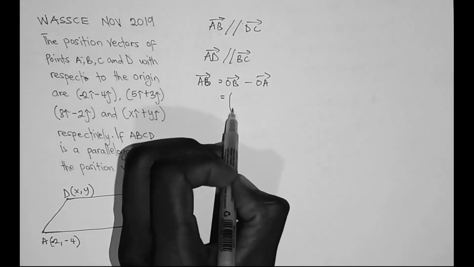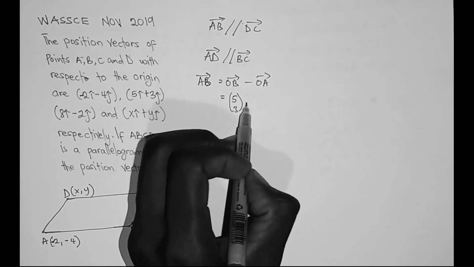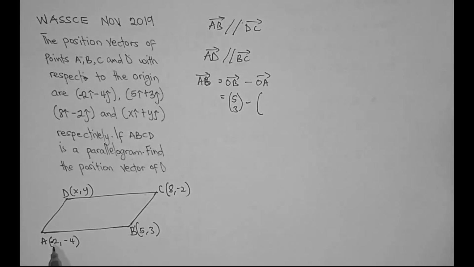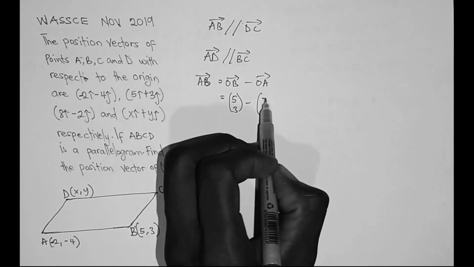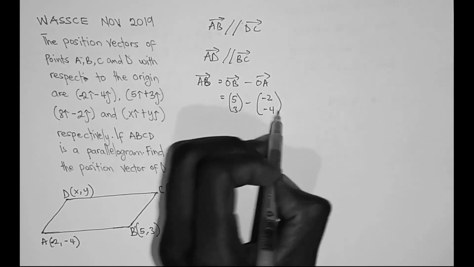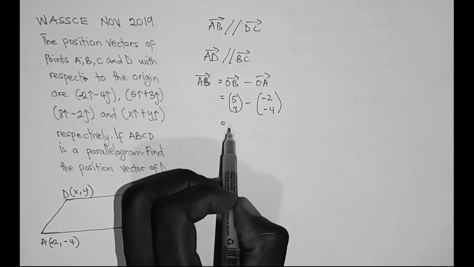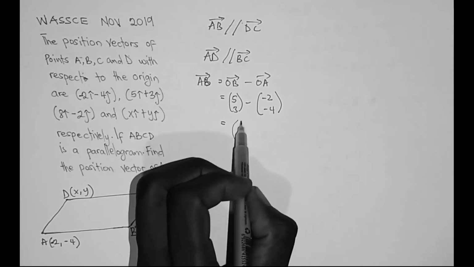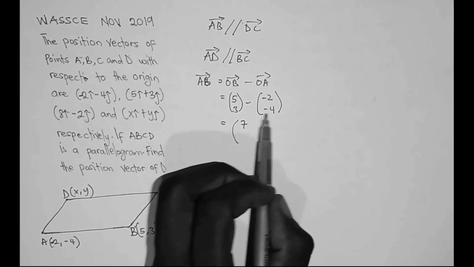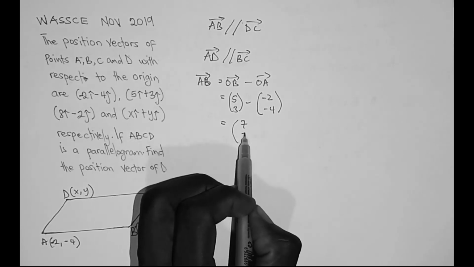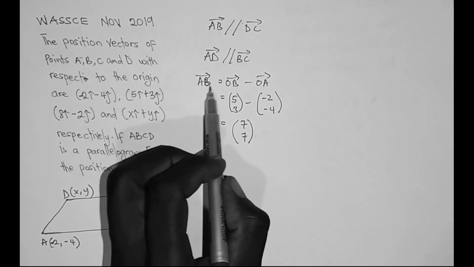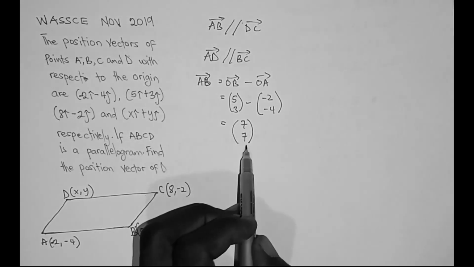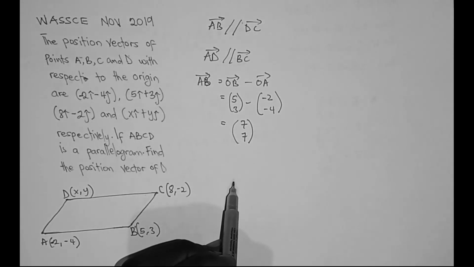OB is 5, 3 minus OA is minus 2, minus 4. And this is equal to 5 minus 2 is 5 plus 2, which is 7. And 3 minus 4 is 3 plus 4, which is also 7. And therefore vector AB is 7i plus 7j.